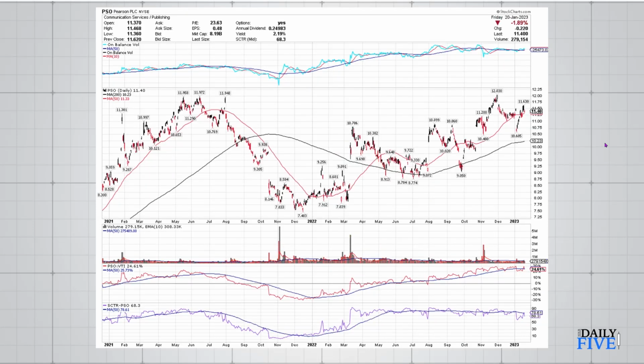Our next chart is Pearson PLC, another foreign company, I believe. What are you seeing here, Professor? Well, this is really interesting because it's worked its way back up to the 2021 highs in a stair-step fashion, and note that it had an accumulation structure in late '21 into March of '22, and then jumped out, backed up to old resistance, which is now new support around June, July, and built a reaccumulation, which concluded, it looks like, in October.